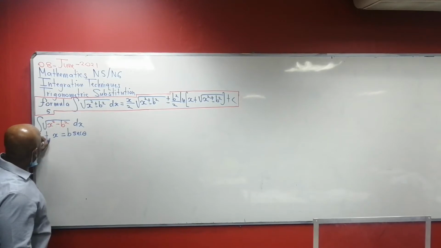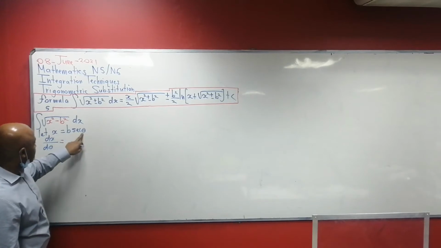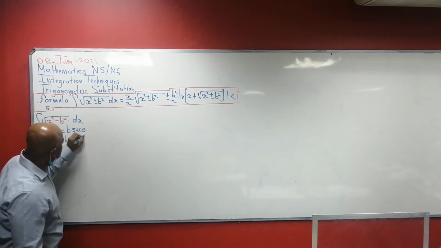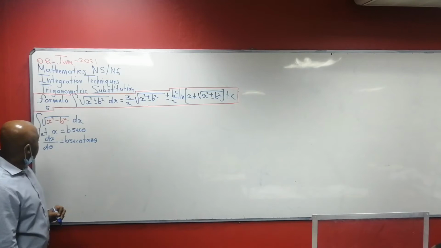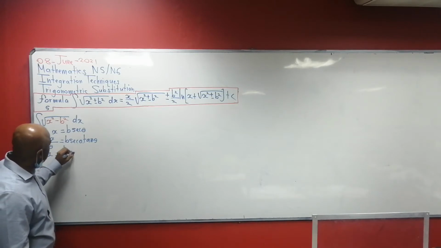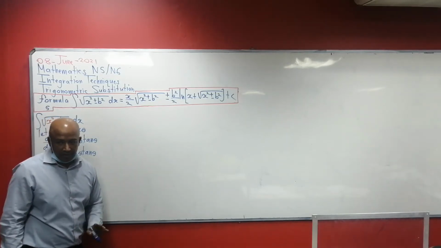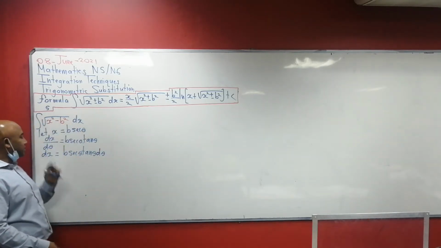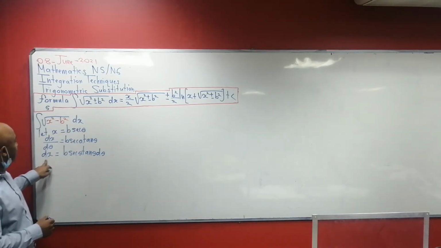So if I go dx d theta, the derivative of sec is going to be sec theta times tan theta. Alright. So now if I make dx the subject of the formula, it's going to be b sec theta tan theta times d theta. Right, remember we're making dx the subject of the formula.